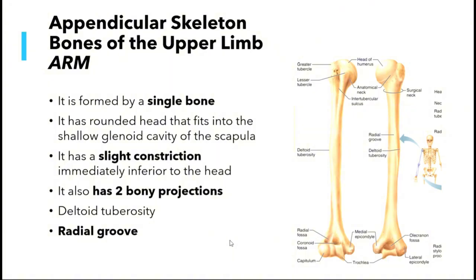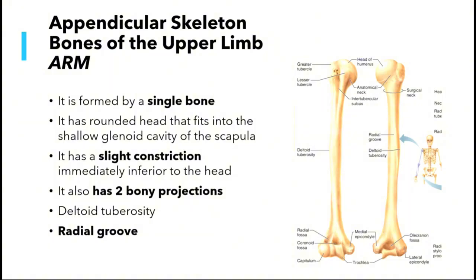Okay, let's have the bones of the upper limb, which is the arm. It is a single bone, which is known as your humerus, and it has a slight constriction. Okay, and that is due to the anatomical neck. This is the anatomical neck.